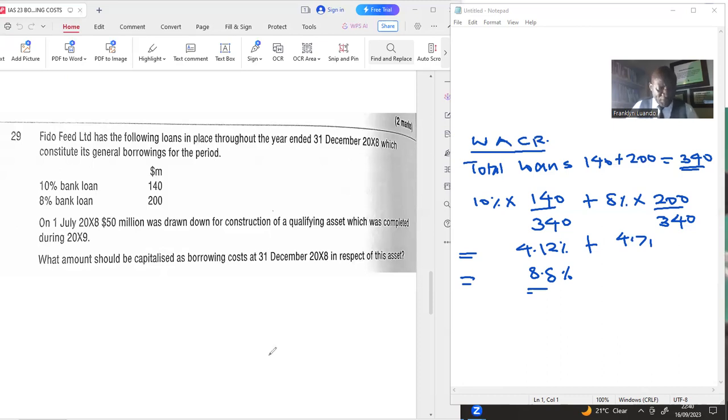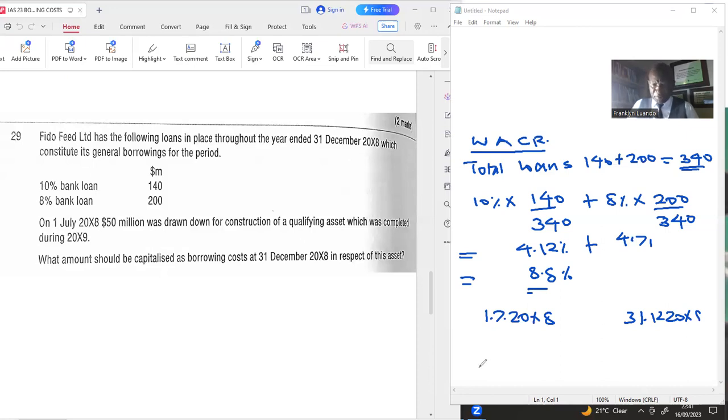So there was activity from the beginning, 1 July 20x8, up to the reporting date, 31st December 2008. So there was activity for 6 months. Therefore, capitalization will be for six months.